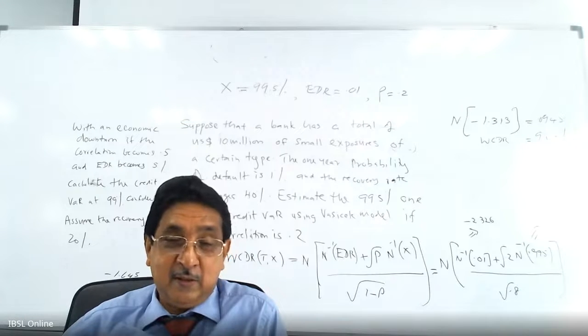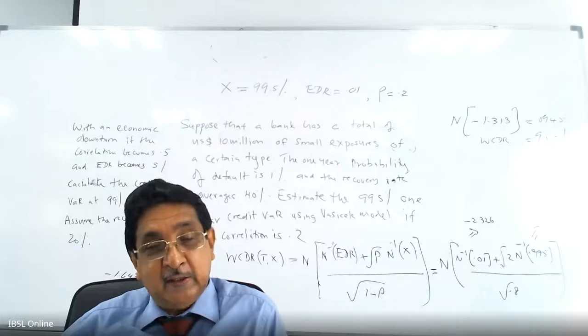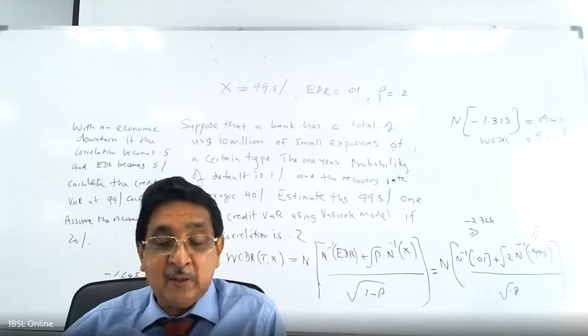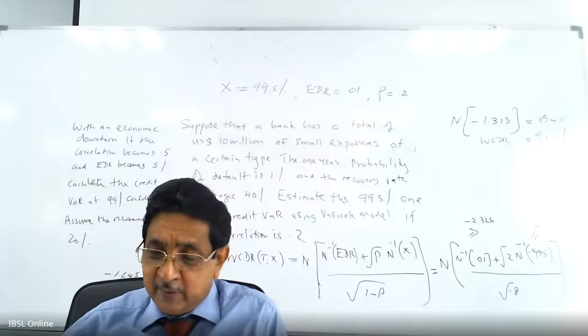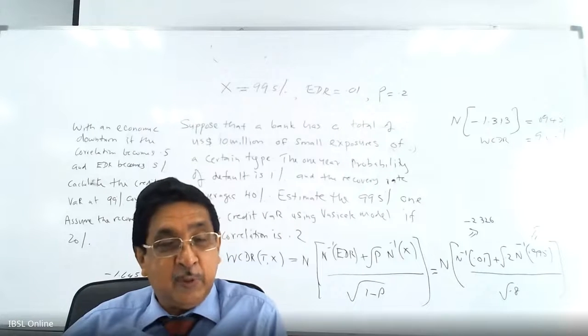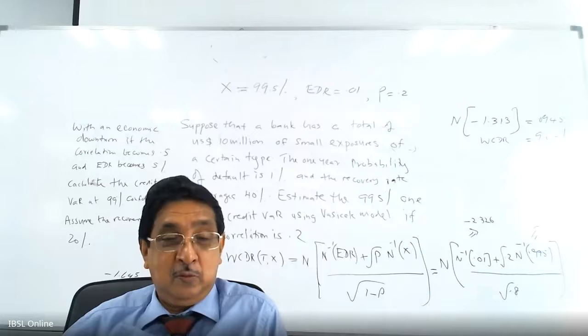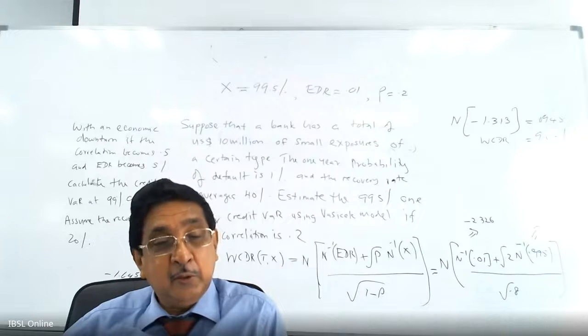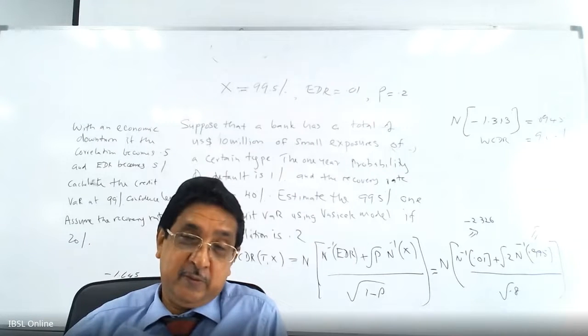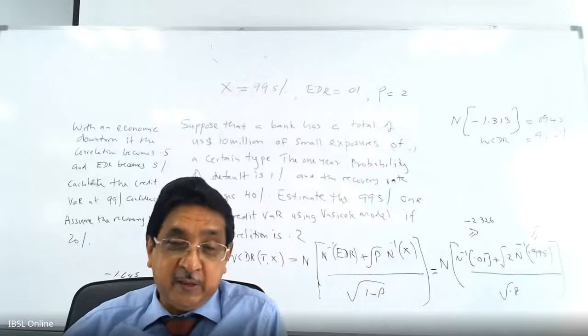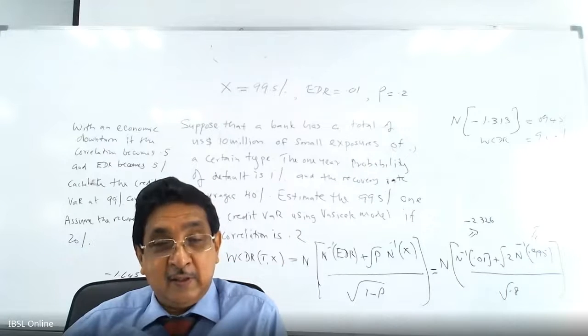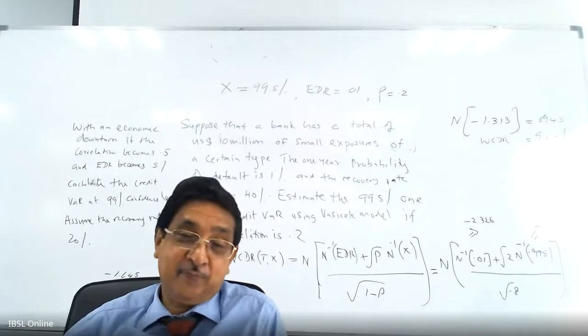Then when you calculate the WCDR, when you got it as 70 point something, 75 or something, then you can say 0.75 into 10 into 0.8. Then you get the value as 6 million as the loss.